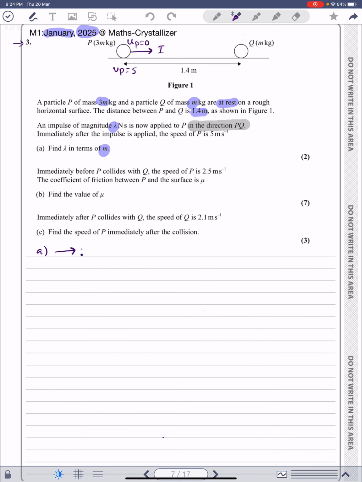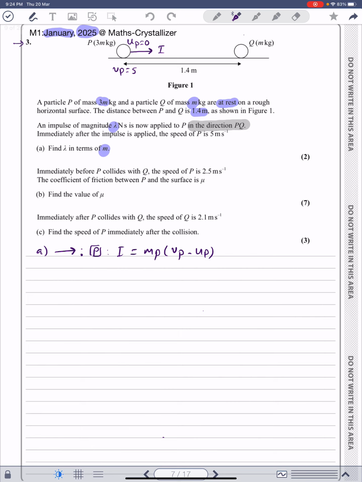Step 2: you show yourself and the examiner which particle you are discussing, to make sure that you get the full marks in each part. Particle P: the impulse on P is the mass of P times the final velocity of P minus the initial velocity.